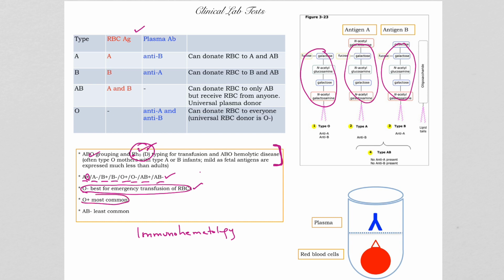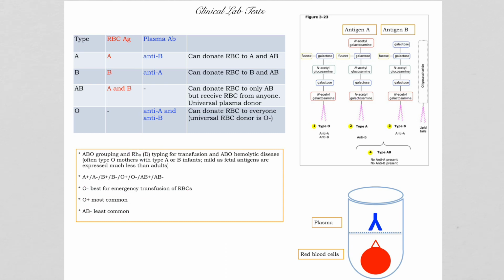O plus is the most common, and AB minus is the least common that we see in the population. So once again, keep in mind that carbohydrates are very important for fuel, which is required for energy, and the second important function of carbohydrates is identification, which is important for molecular recognition.